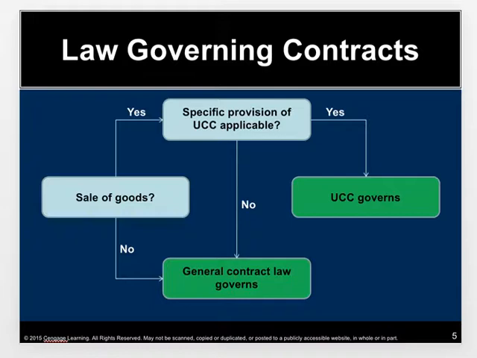So in other words, if we're talking sale of goods, then usually the UCC applies. So I started at the top. I should be starting at the box that's to the far left. So the first question that you ask yourself is, is the contract for the sale of goods? If the answer is no, then general contract law governs or applies.